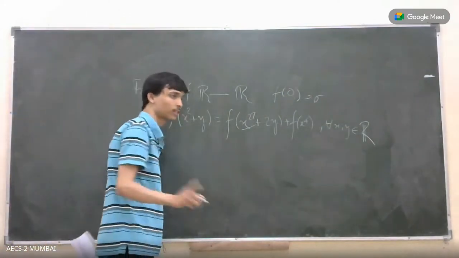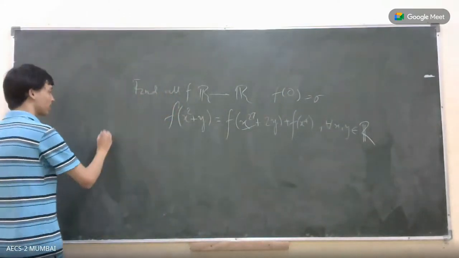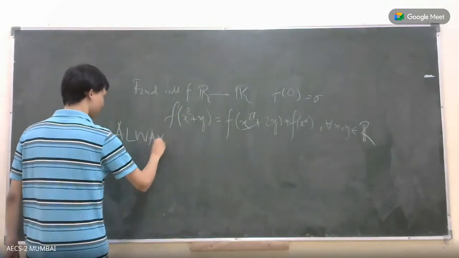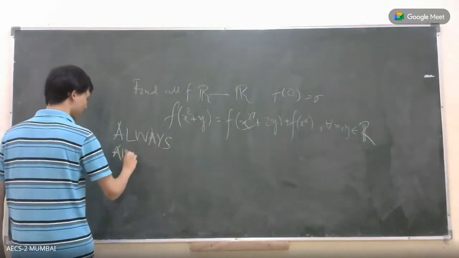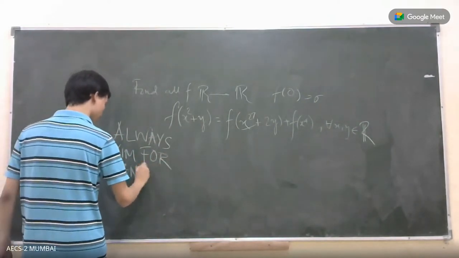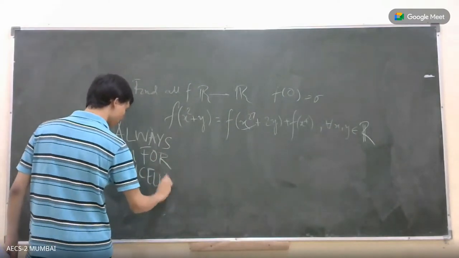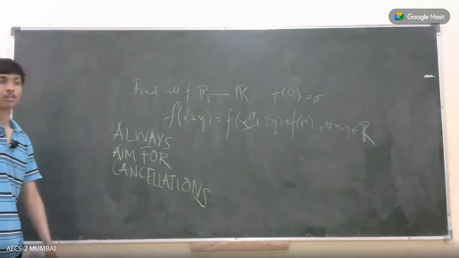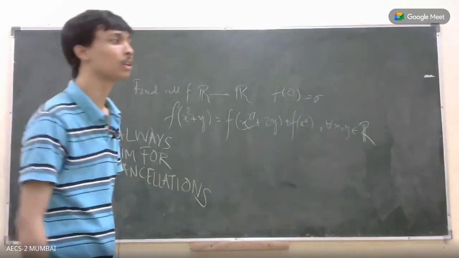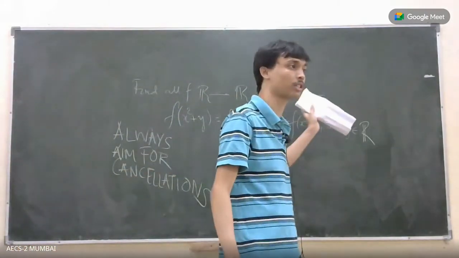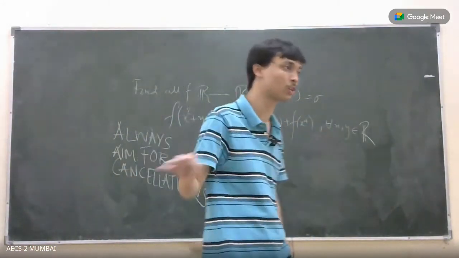Now, there is a fourth trick of functional equations, which is to always aim for cancellations. Now, cancellations can be of many sorts. We saw one type of cancellation in the previous question where we had gotten a u such that f of u equal to 0.